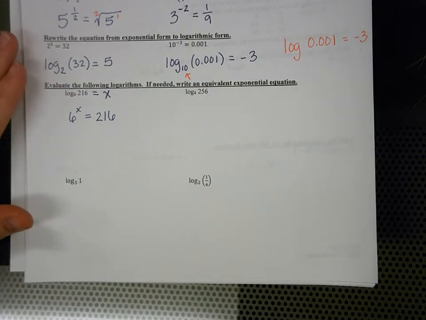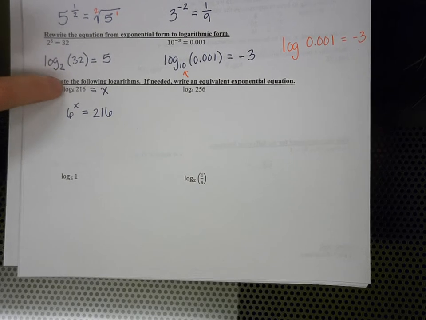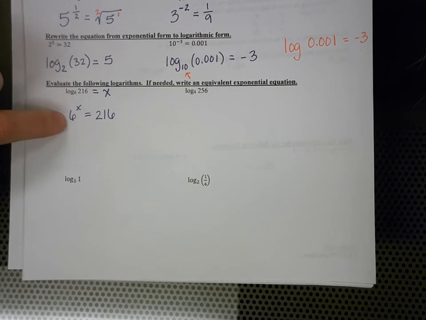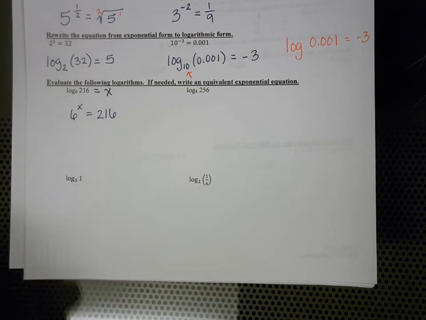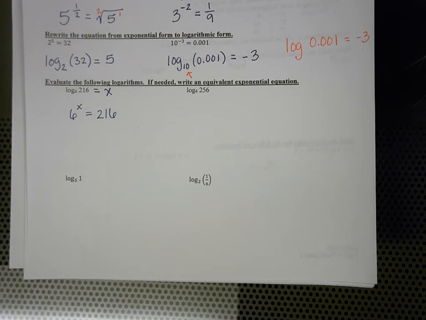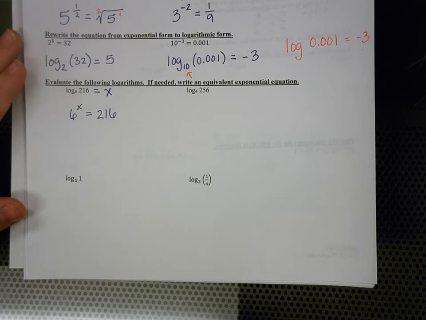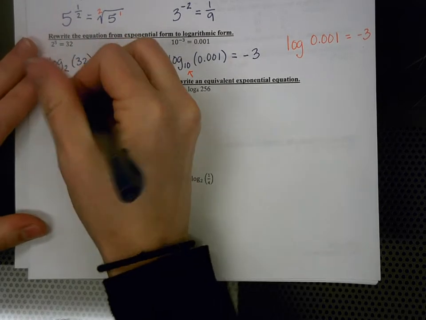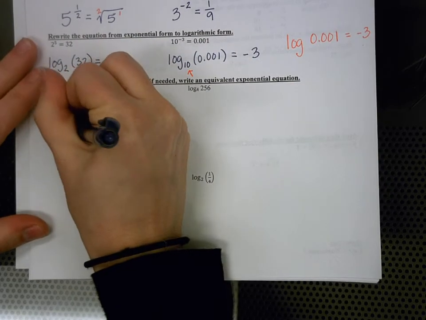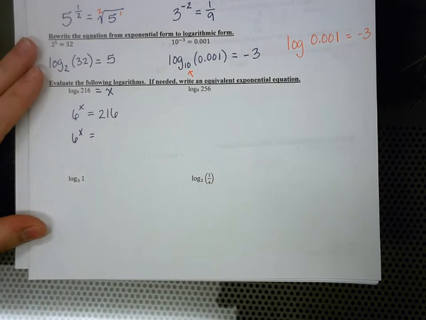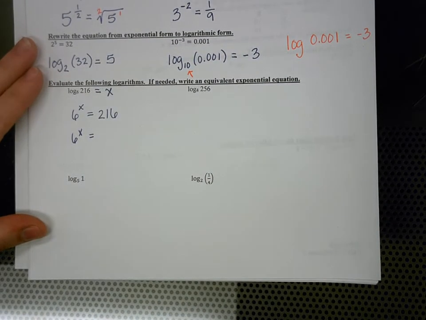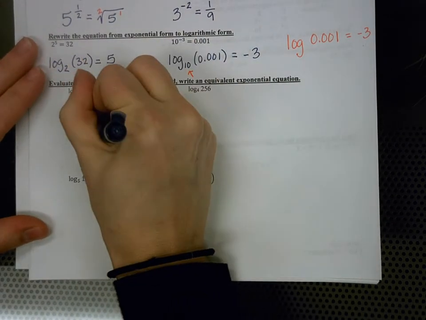Okay, so the first one is in logarithmic form, the second one is in exponential form, and now I'm going to determine what exponent I need. All right, so 6 to the first power is 6. 6 times 6 is 36. And if I multiply by 6 again one more time, I get 216.